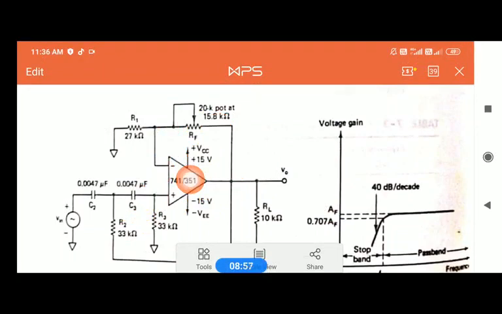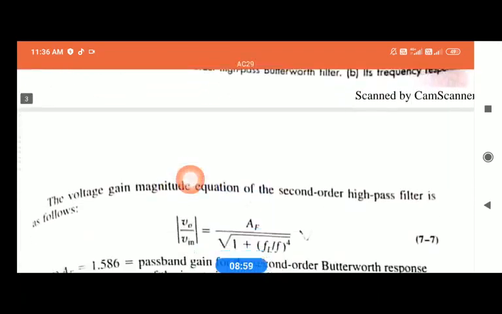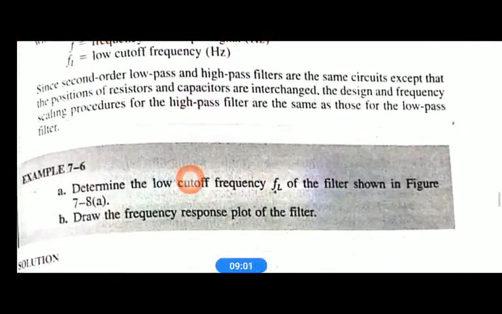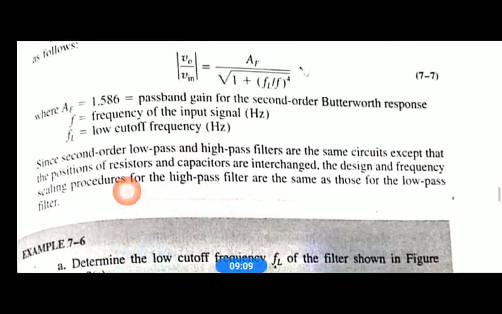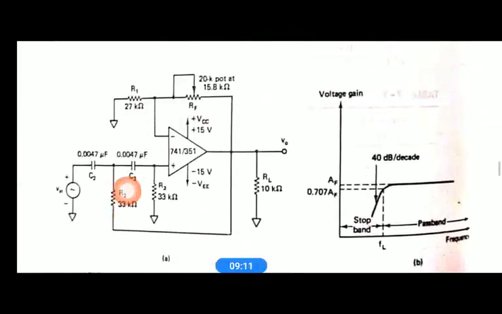Okay, so here it is given, determine the low cutoff frequency of the filter shown in figure 7.8, and it is a reverse problem. You need to determine what is the frequency for this circuit.